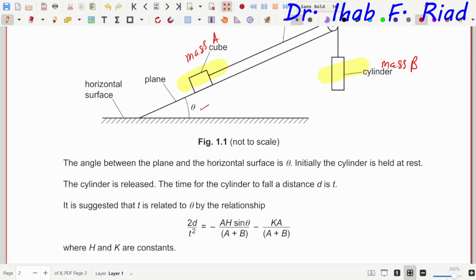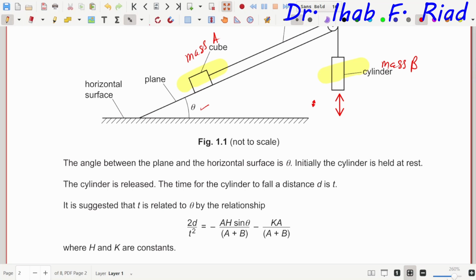The cylinder is released. The time for the cylinder to fall a distance d is t. Then we have the falling distance. Let us say this is the distance he's mentioning, which is the distance between the end of the cylinder and the surface.